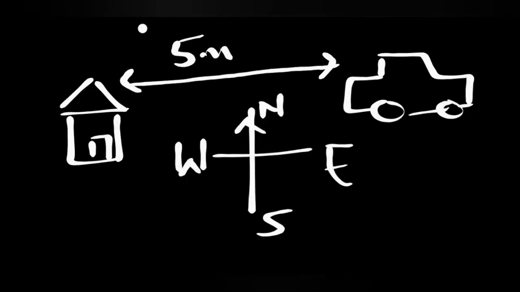In other words, from our cardinal points, for displacement, we can simply say the car is 5 meters east away from the house or the building is 5 meters west away from the car.